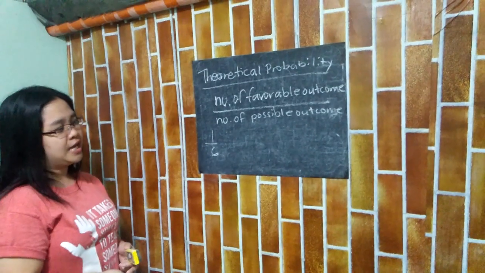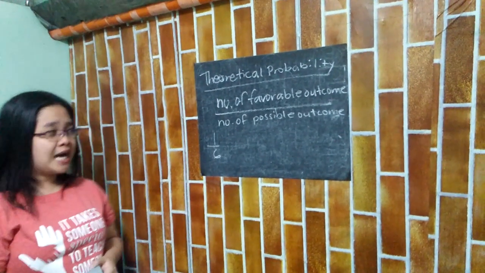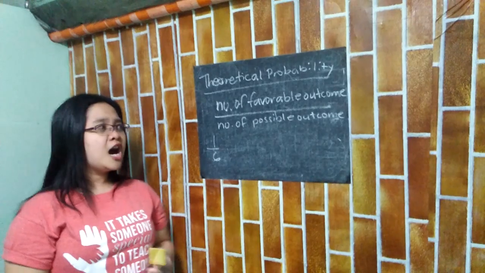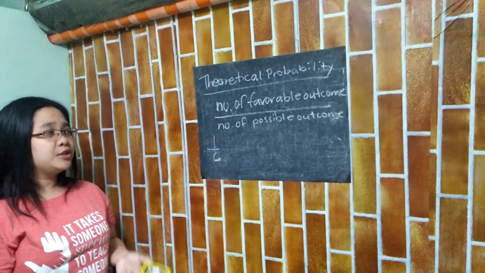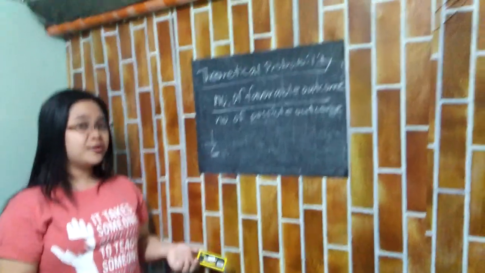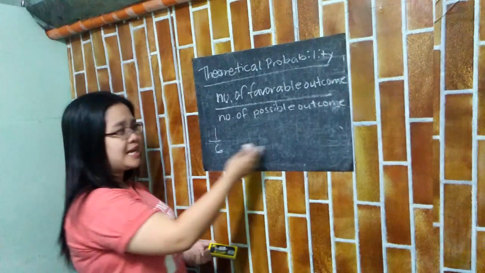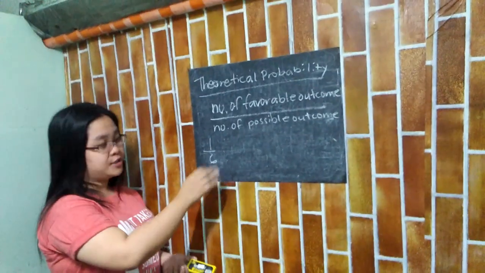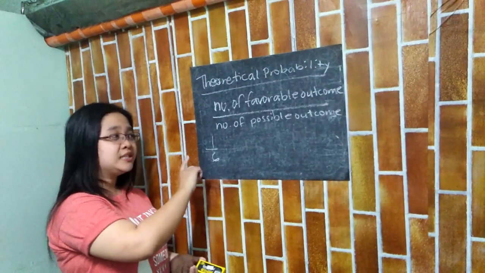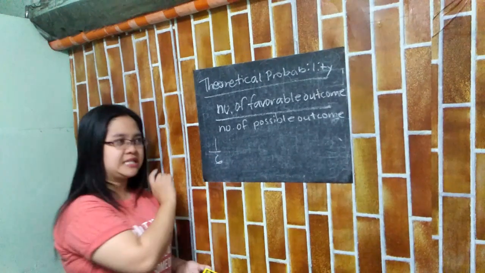For example, if you roll a dice with numbers 1 to 6, how many chances do you think we'll have if you pick the number 1? Since the dice has numbers 1 to 6, and there's only one 1, it's 1 over 6.